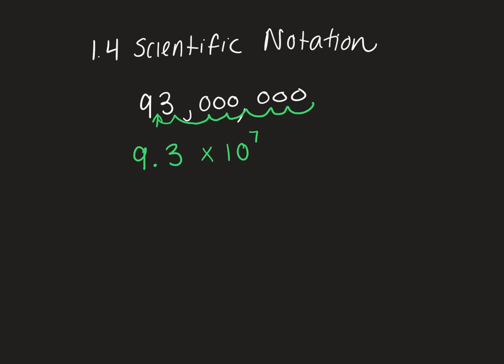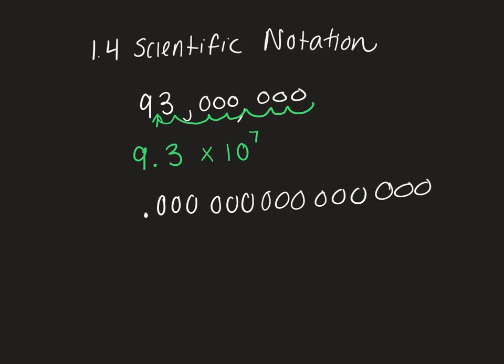Okay, and then if you have a number that's got a really large decimal point, like this, let's say we have this. So again, our decimal point goes after our first non-zero digit.